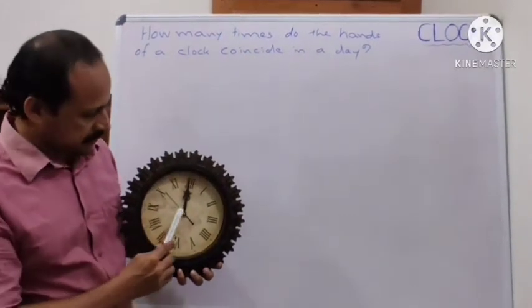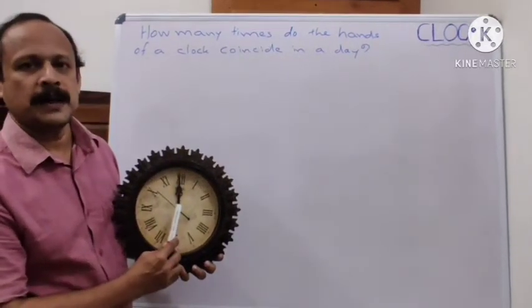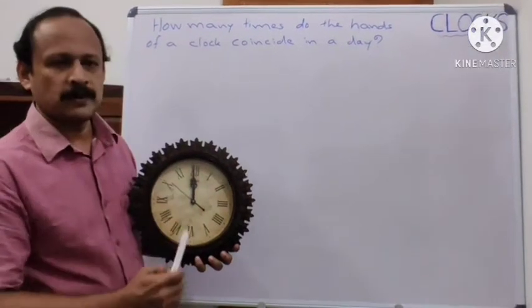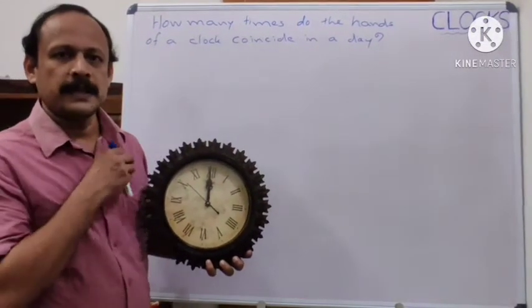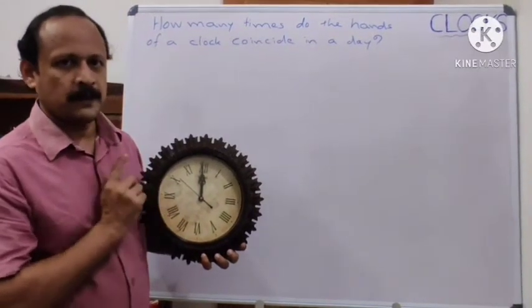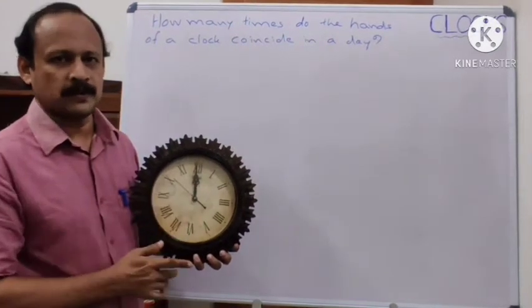Coincide means like this. Minute hand is above the hour hand, and at 12 o'clock they coincide.